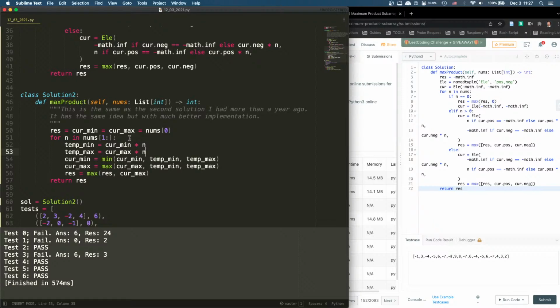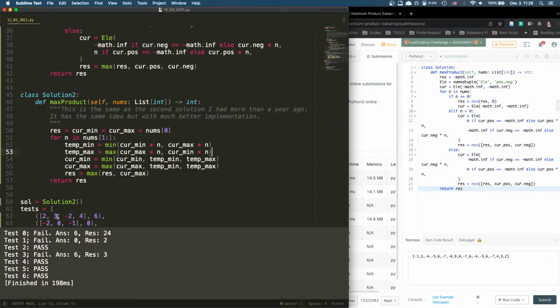Maybe I shall do this. Current max times n. And this will be the maximum of this, current min times n. No. Hold on. So everything starts with 2, current min and max, right?